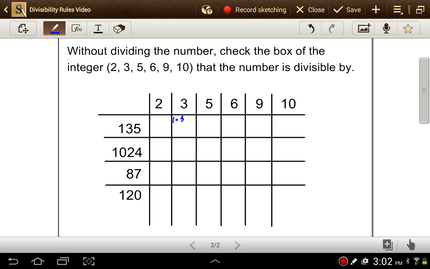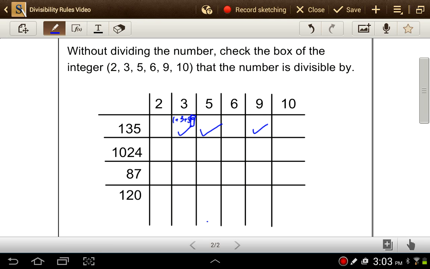That equals 9. Okay, so is 9 divisible by 3? Yes. So we can put a check in that box because 3 goes into it. What about 5? Yes, it ends in 0, 5. What about 6? No, because it's not even, so it's not 6. Okay. What about 9? Well, I already did the work over there, added to 9. 1 plus 3 plus 5 equals 9, so 9 works. And then what about 10? No, it does not end in 0, so 10 doesn't work.